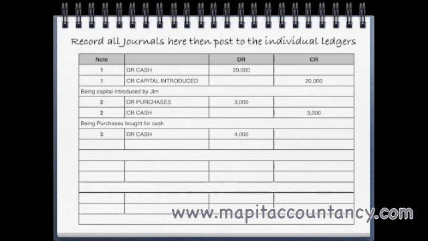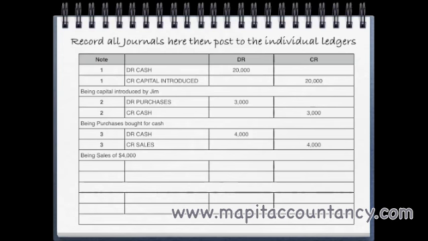So here we're going to debit cash because we got 4,000 in cash for the goods, and we're going to credit sales with 4,000. Remember, you need to learn your debits and credits. Our sales income is a credit, so to increase our sales we credit them. So we're going to debit cash 4,000, credit sales 4,000. And just a note that that is the sales of 4,000 in note 3.